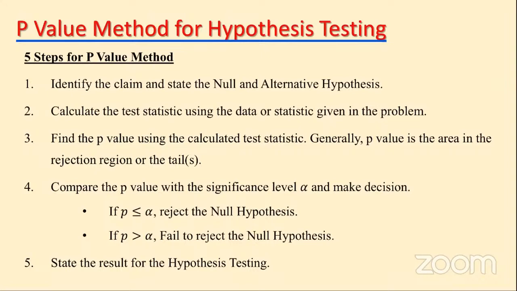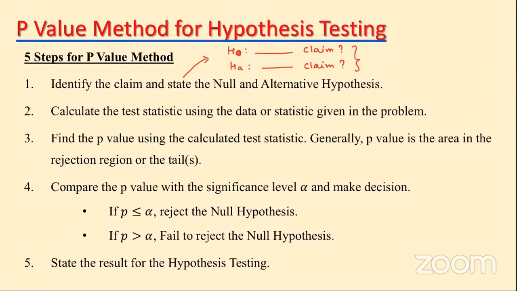So in the first step, you'll write what the null hypothesis is and what the alternative hypothesis is. And then from this, you have to select which one is the claim. Is the null hypothesis the claim, or is the alternative hypothesis the claim? You have to find it out.